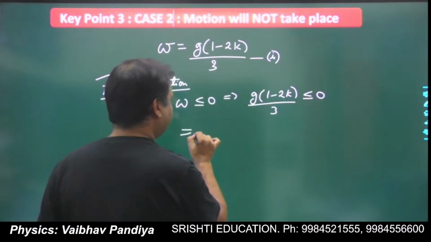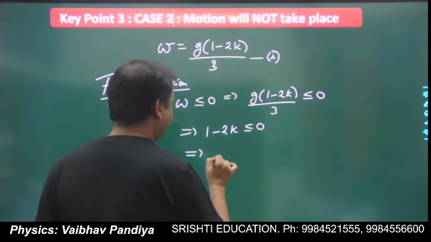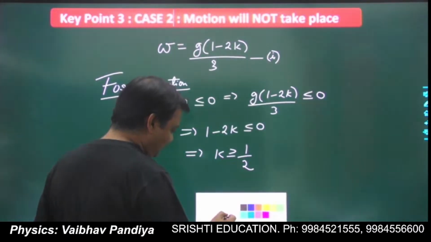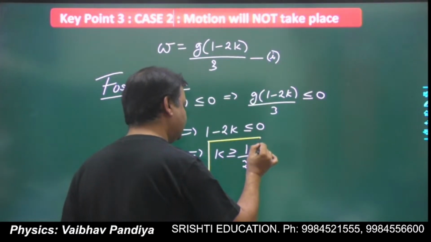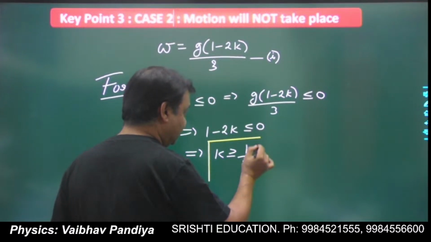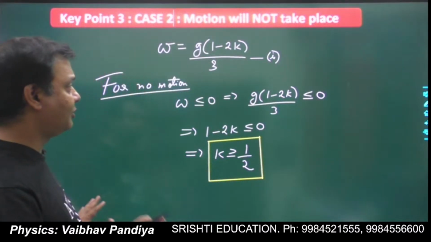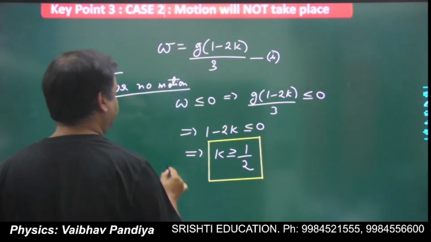So you'll get 1 - 2k less than or equal to 0. So you'll get k greater than or equal to half. So when the coefficient of friction has a value greater than or equal to half, then the blocks will not move. This is the scenario when motion will not happen.